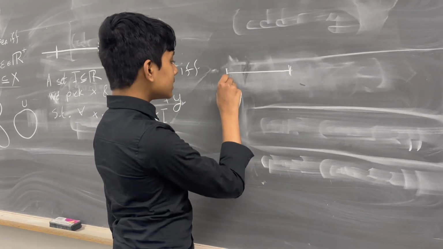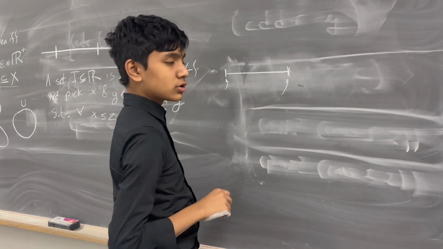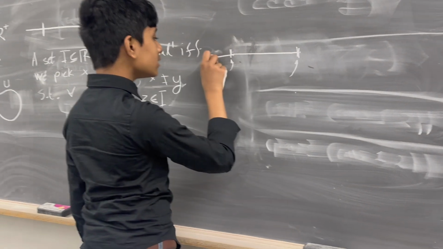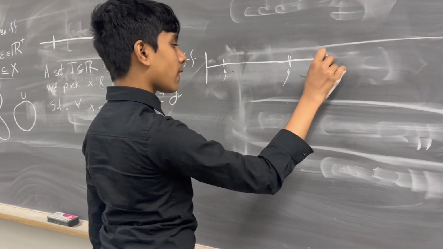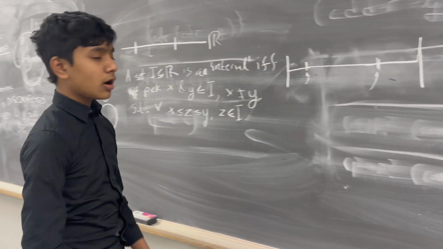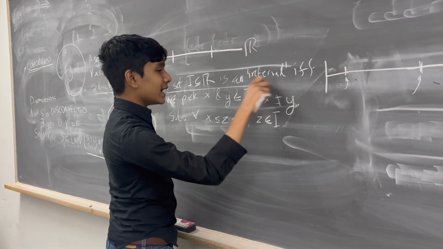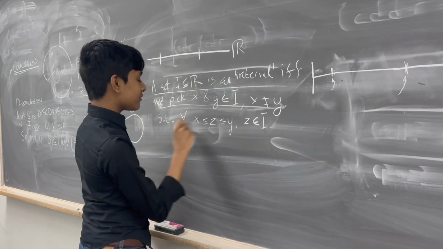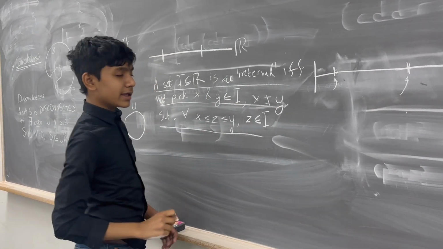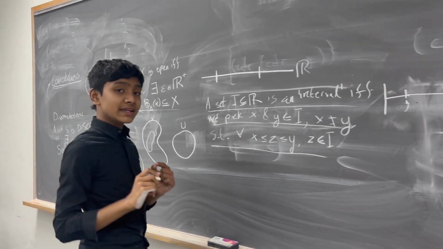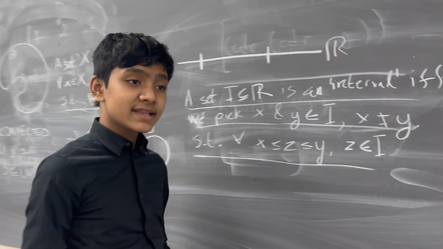And of course, these don't have to be the endpoints of the interval. They could just be in-betweeners too. So, once again, we have the definition of an interval right here. So now, how can we prove that an interval is the only connected thing?